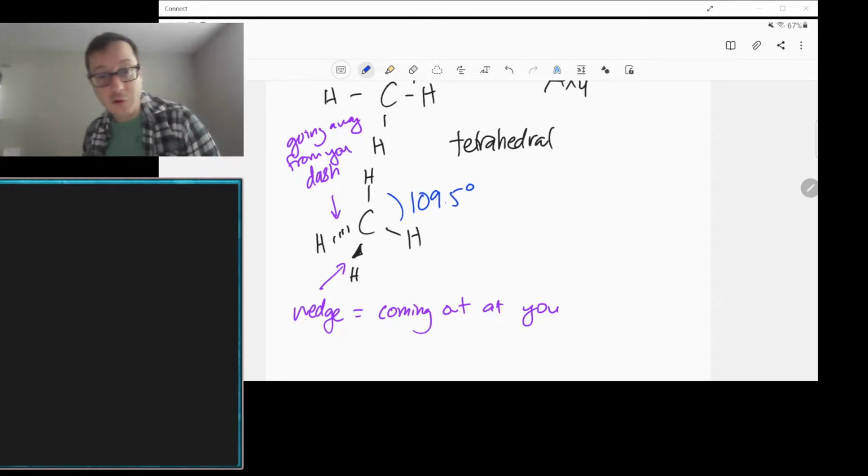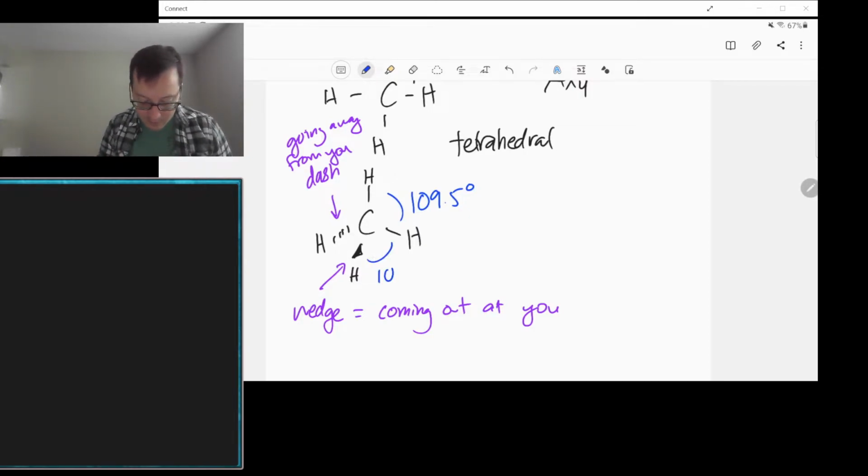We can get them farther away from each other. The bigger the angle, the farther they are from each other. And we're going to see that all of these, so I'm only drawing one angle, but all of these angles are the same. Same with the other one, all the angles were 120 for the trigonal planar, and everything is 180 for linear.